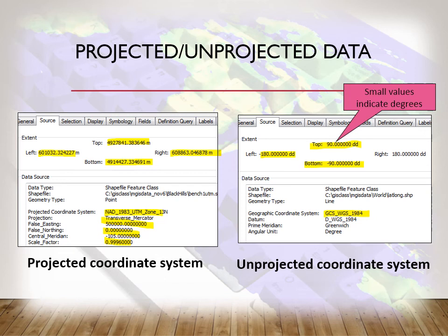If they're small, then at least you narrow down that you have a geographic coordinate system only, which basically means it's unprojected. But if it's projected, then you have most likely very large values because they're in meters and not in decimal degrees.